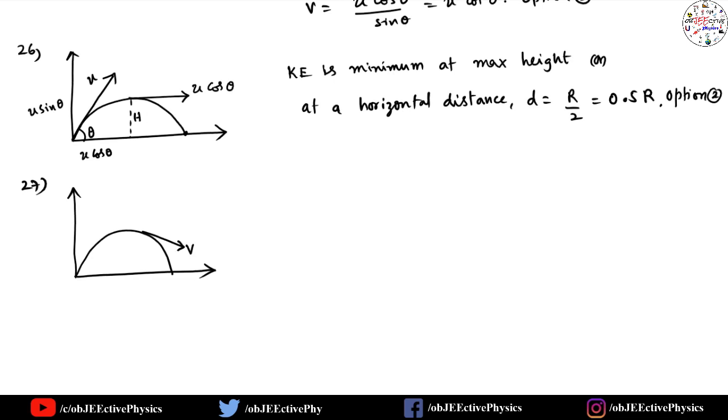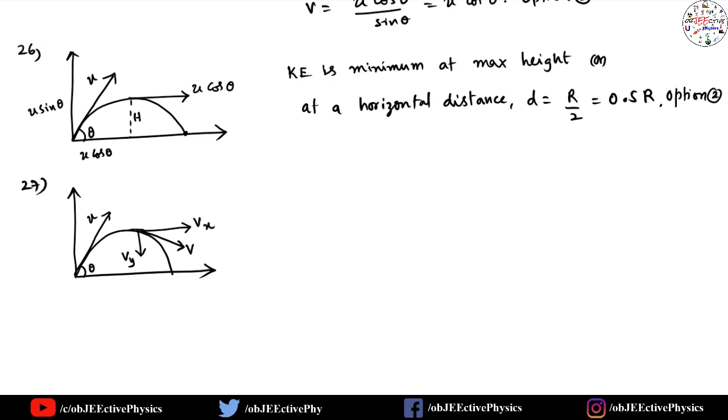Let us assume that v is the instantaneous velocity. Tangent drawn to the path gives the instantaneous velocity at that particular point. Vx is the horizontal component and Vy is the vertical component of instantaneous velocity.